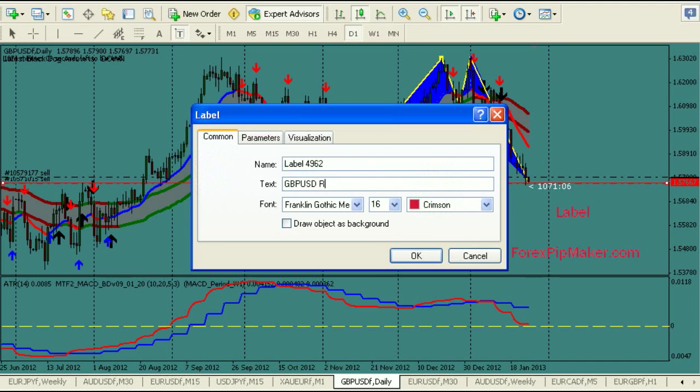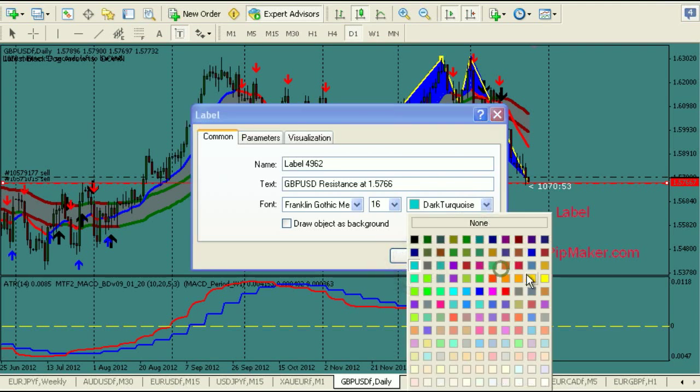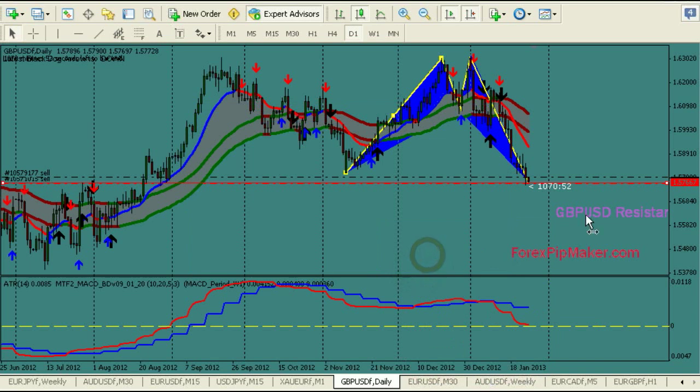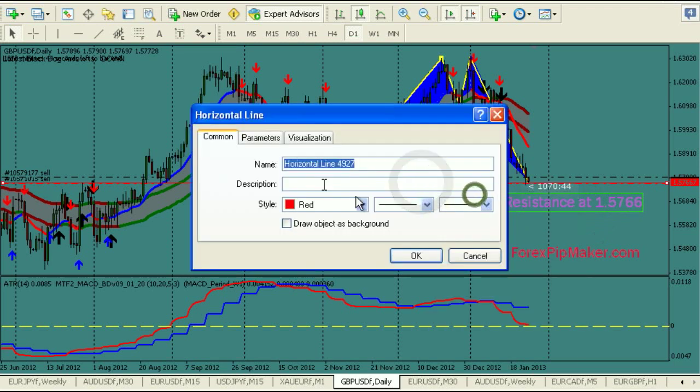So let me just do that. GBPUSD resistance at 157.66. Let's set a different color for that, like this one. You can't see that. Let's do this one. Drag that to view. And this line, if it's too thin, I'm going to increase the thickness of that.